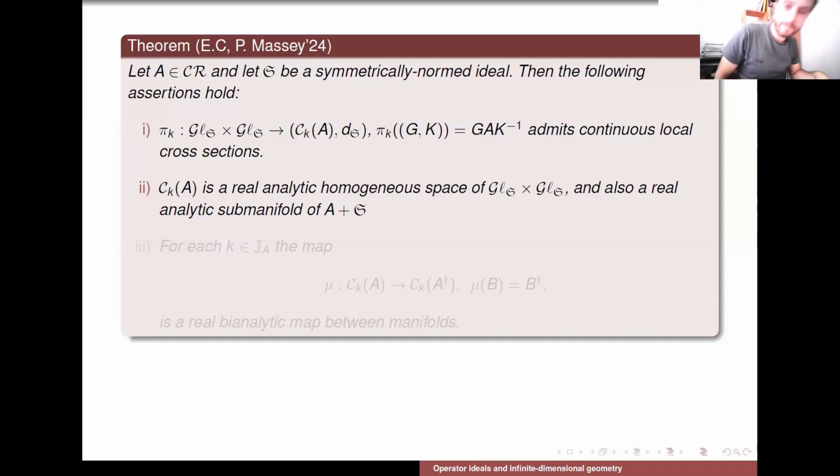Note that here we are also using a sort of spectral condition that I mentioned is required in the work by Beltita and Larotonda in the case of unitary orbits.